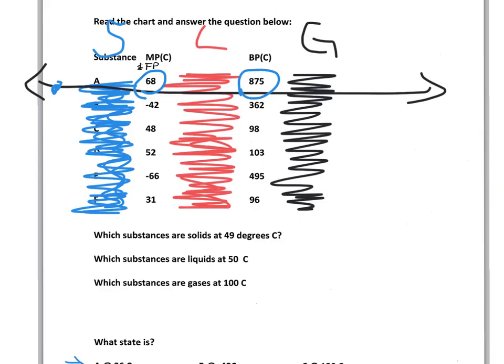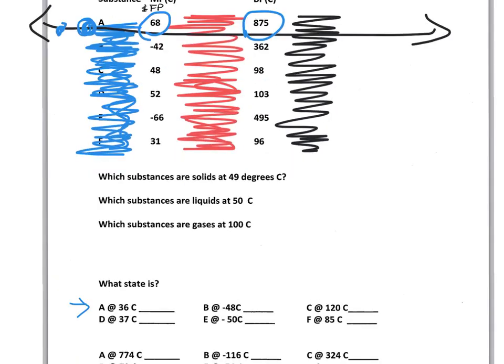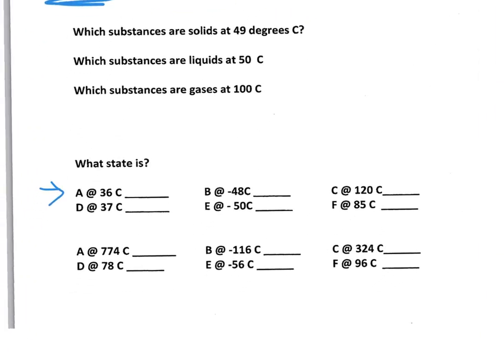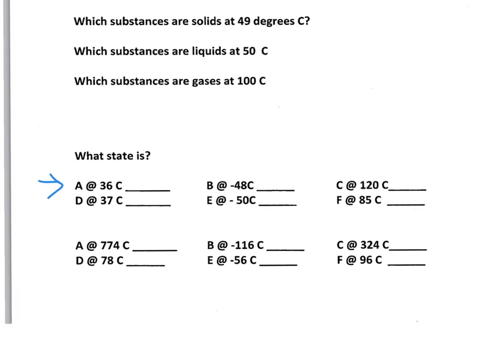If we look at this like a number line, it's going to be over here. I can see it's in the blue range, and if I look to the top, I've even labeled it with an S. So that means that object at that temperature is a solid. So I'm going to write solid in here.